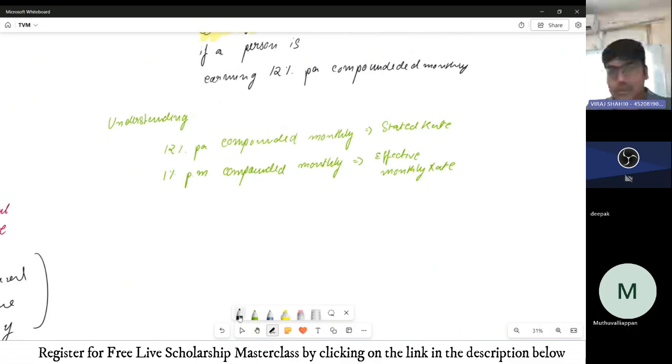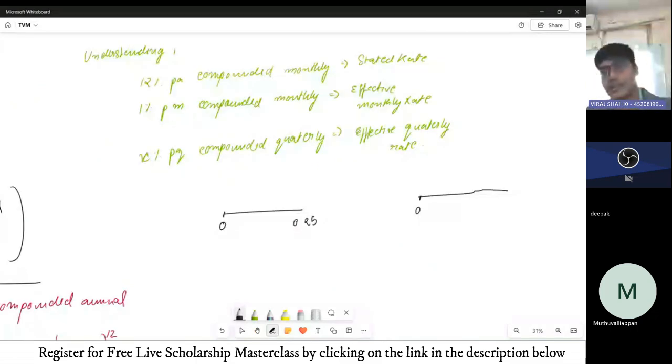Now, how do we create equation of value? How do we create the equation? I'm creating again a timeline, 0, 0.25. Now, if I had invested 1 rupee here, at a monthly rate of 1%, एक क्वार्टर में कितने महीने होते हैं? 3 महीने होते हैं. तो मुझे 1% और 3 months, मेरा वैल्यू ये हो जाता at 3 months.